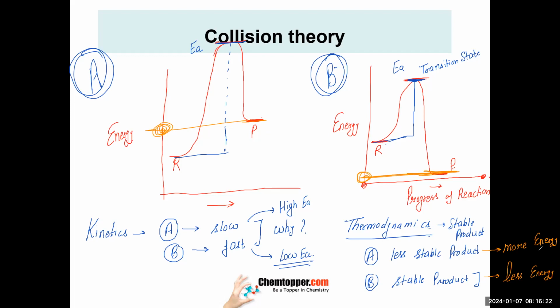So can you tell me now one last question on these two energy profiles? Which profile is thermodynamically favored and kinetically favored? Thermodynamically favored means giving you stable product. Kinetically favored means giving you faster reaction. Which profile is thermodynamically favored?